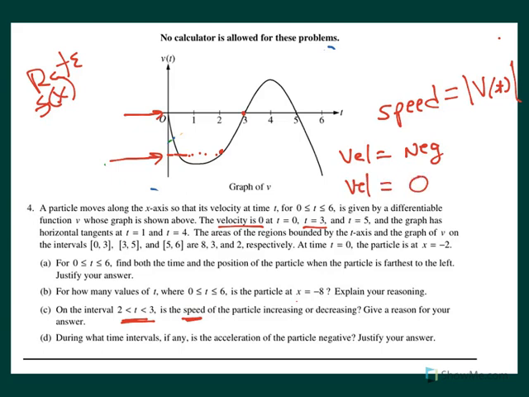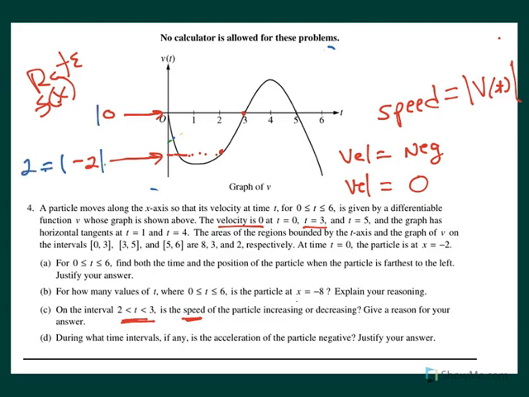So if you think about some numbers, let's say hypothetically this was a velocity of -2, and it went to a velocity of 0. So what's happening to the speed? Well, since speed is just the absolute value of the velocity, the speed here would just be 2.